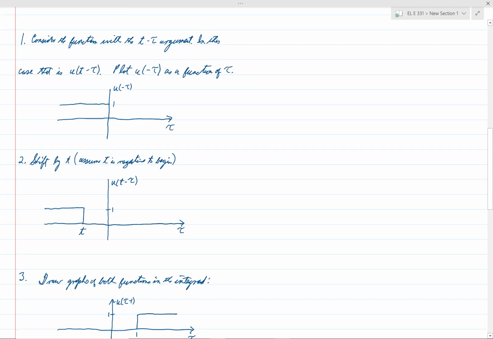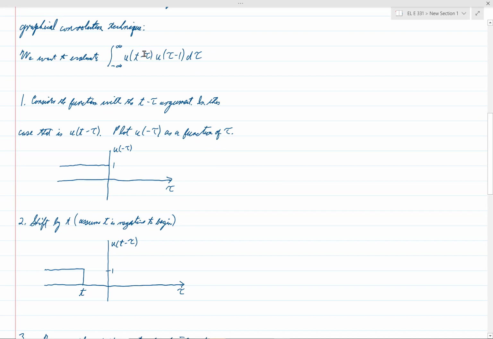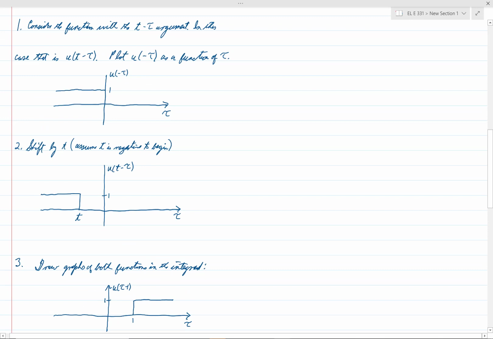Now for step 2, since we're really interested in u of t minus tau rather than u of minus tau, what we want to do is take that graph of u of minus tau and shift it to get u of t minus tau. And we always will begin with the assumption that we're going to vary t, but we're going to assume that t is negative to begin with.